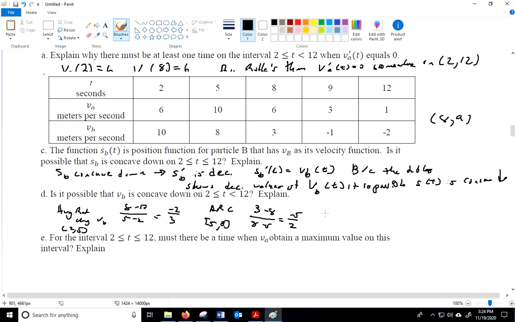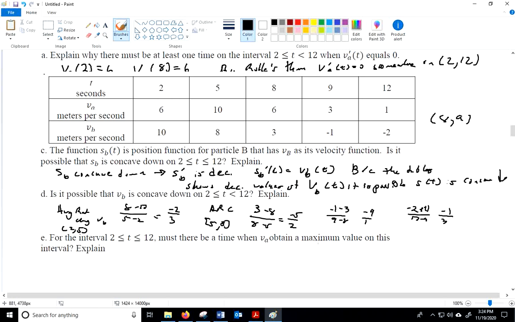Let's do the next one. That would be negative 1 minus 3 over 9 minus 8. That's negative 4 over 1. And then lastly, we have negative 2 minus negative 1 over 12 minus 9. That is plus a positive, so that's negative 1 over 3.